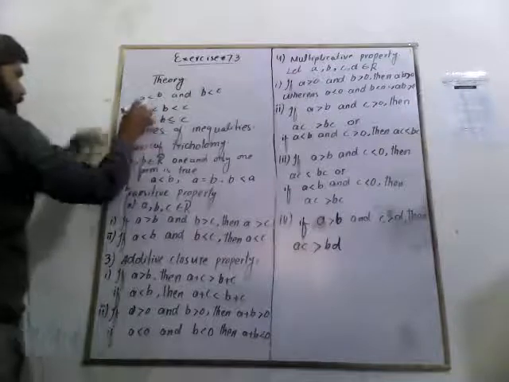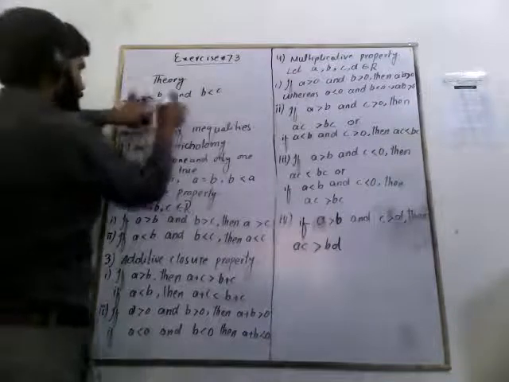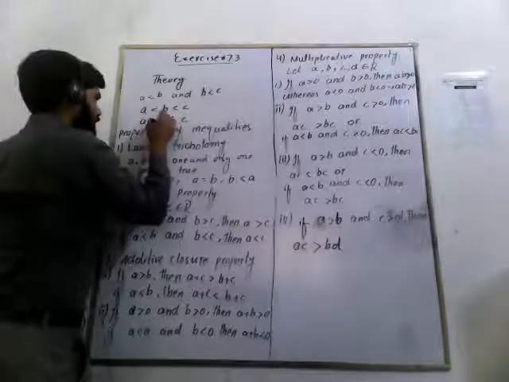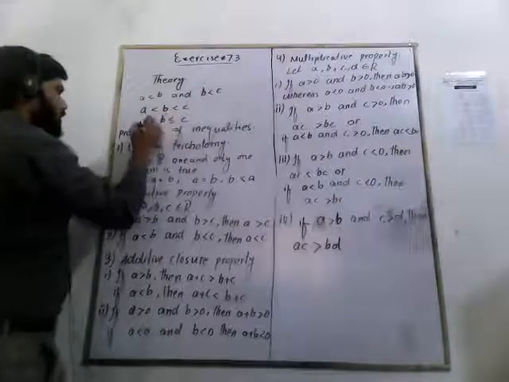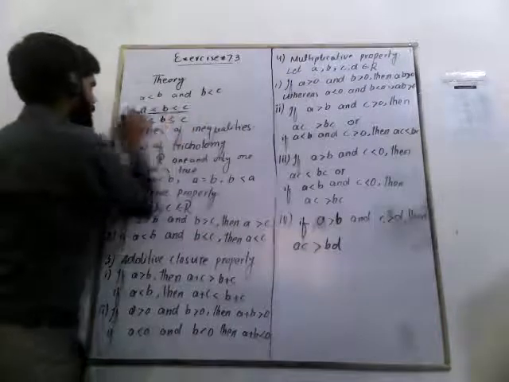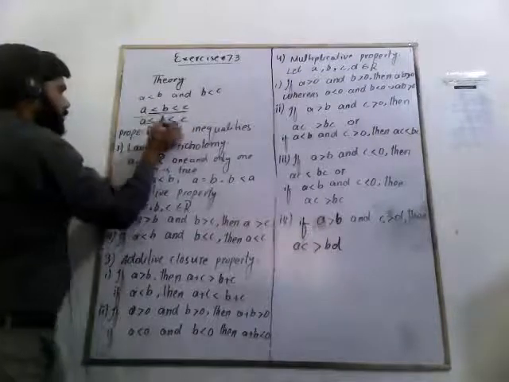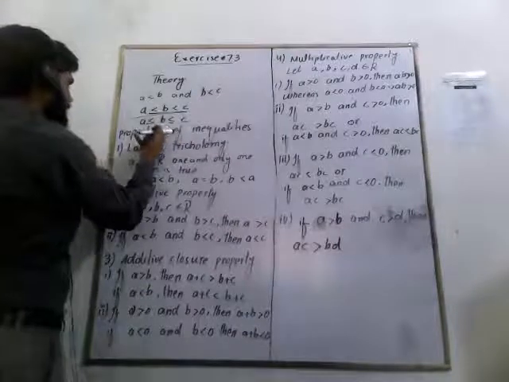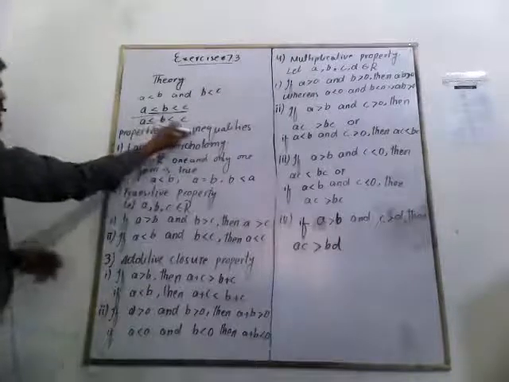You can write a less than b less than c. If you write with non-strict signs, you will write a less than or equal to b, b less than or equal to c.